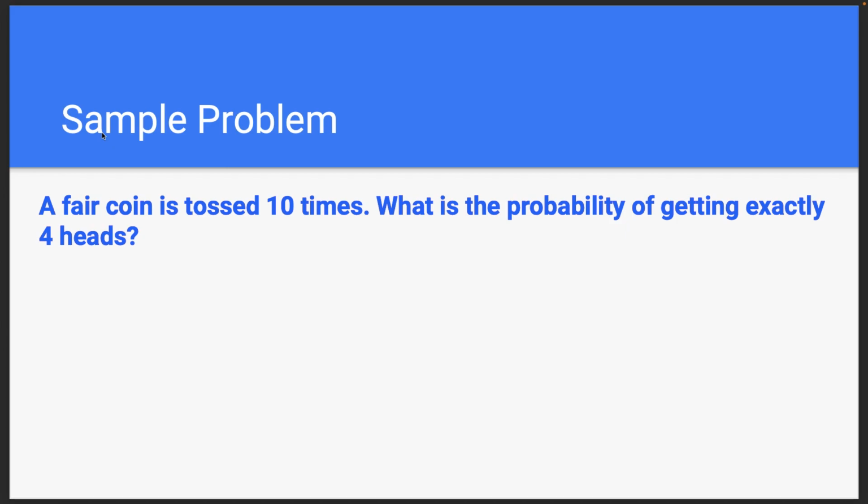So we know that if we write down head or tail each time, we have an array of H and T of length 10, and we want the number of ways that only 4 of them are H. So we can choose 4 out of those 10 to be the heads.